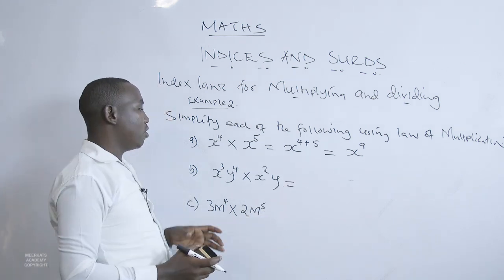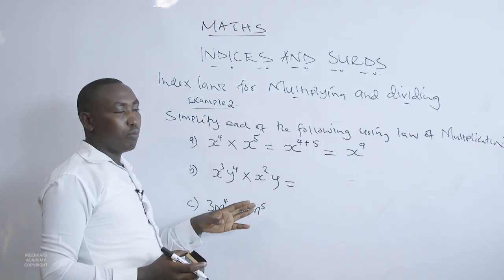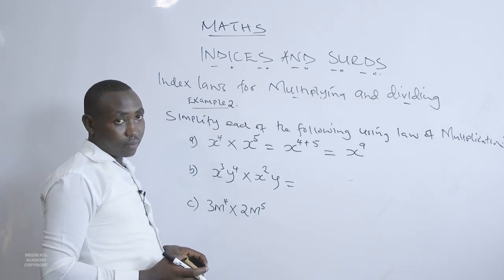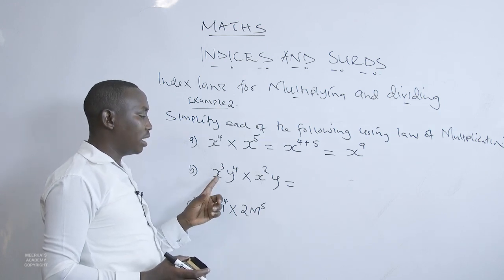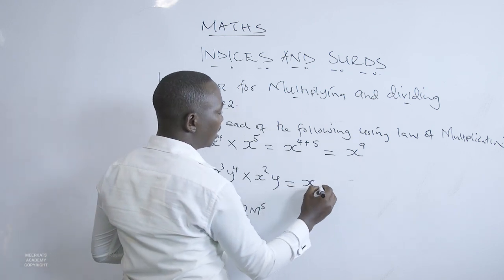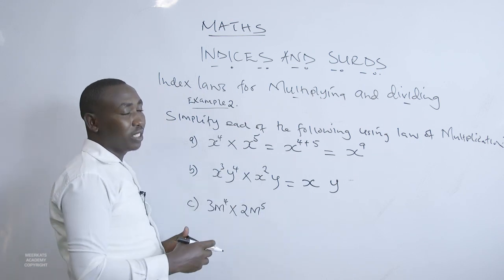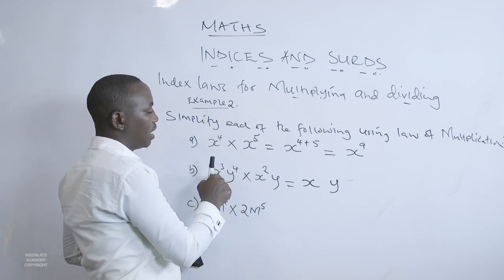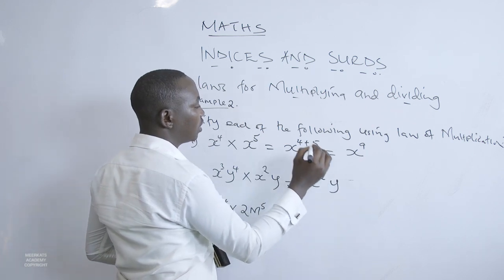For the second case, we have x raised to the power of 3, y raised to the power of 4, multiplied by x power 2, y. Realize that here we have two factors, the factors of x and the factors of y. We can begin by writing down those two factors. Then, because it's multiplication, we add the powers. For x it is 3 plus 2.